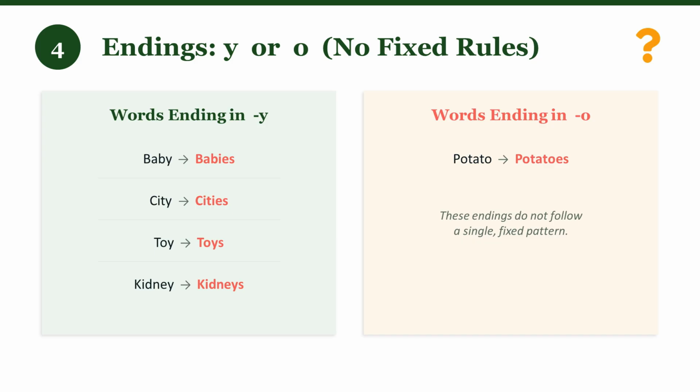Here we simply added an s. The difference is, if there is a consonant before the y, we change y to ies. If there is a vowel before the y, we just add s. For words ending in o, like potato, the plural is potatoes. But not all o words follow this pattern. These need a bit of memorization.